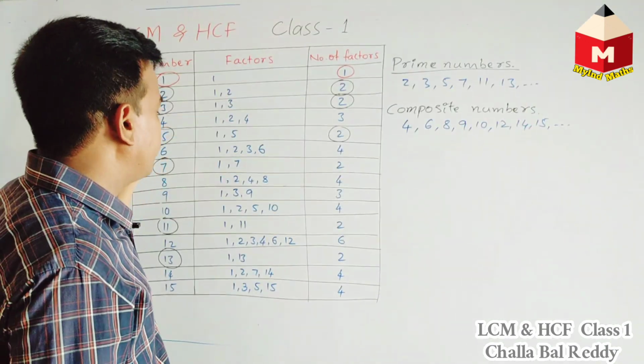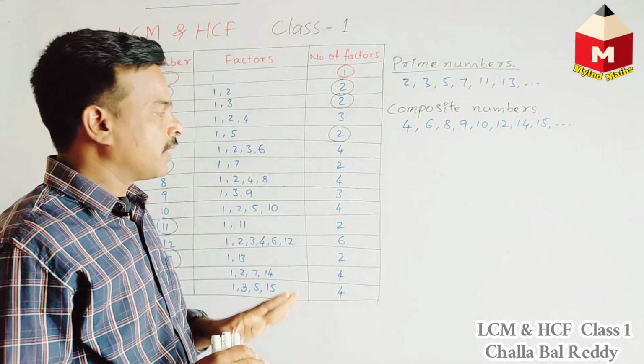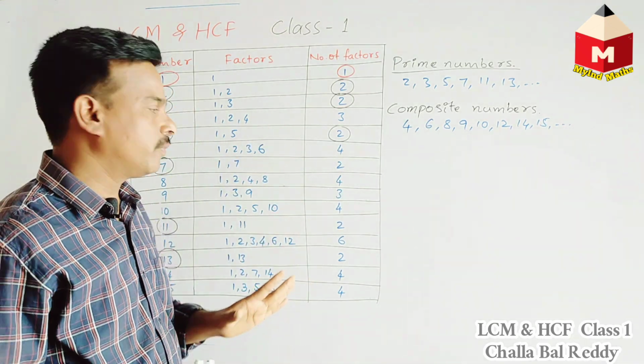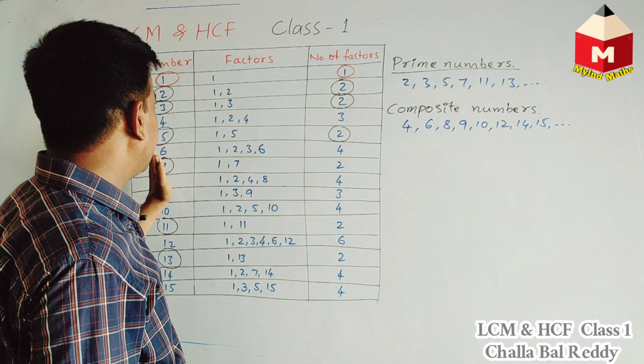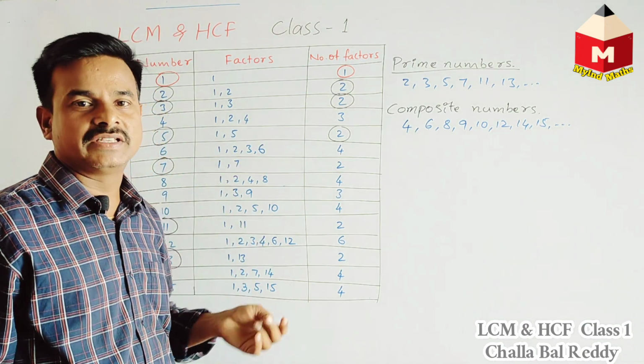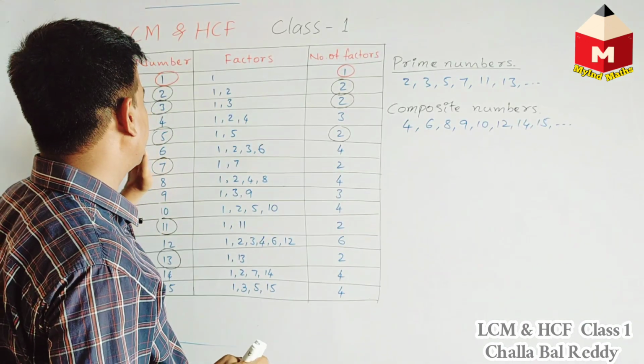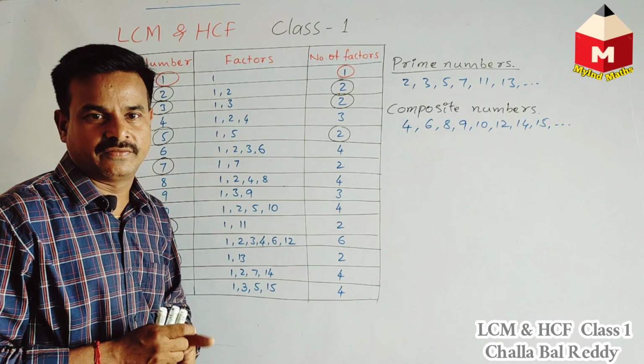That is why every number is a factor of itself. And one more important point is that the greatest factor of a number is itself.